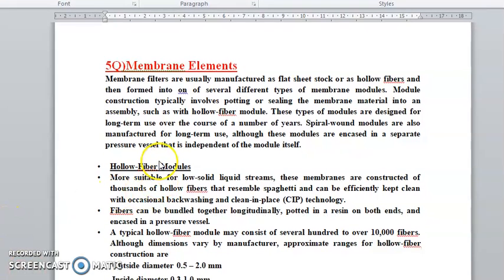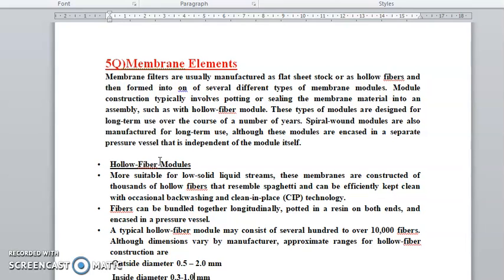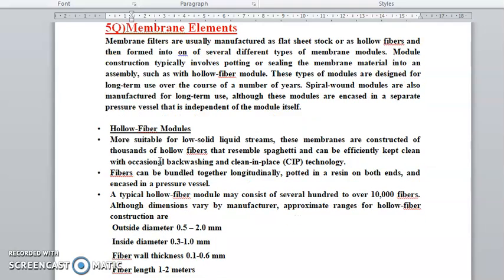We will go for the hollow fiber module. It is the most suitable for low solid liquid streams.